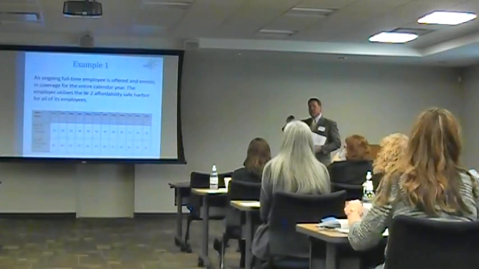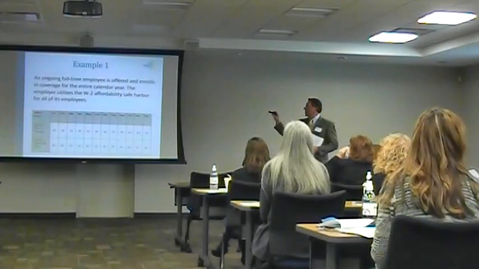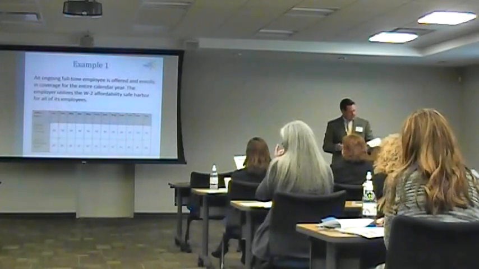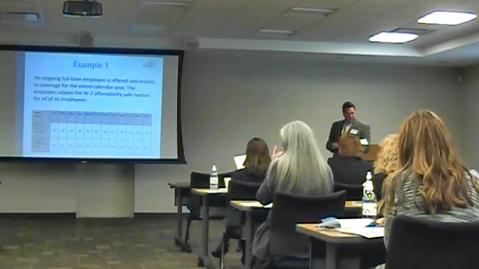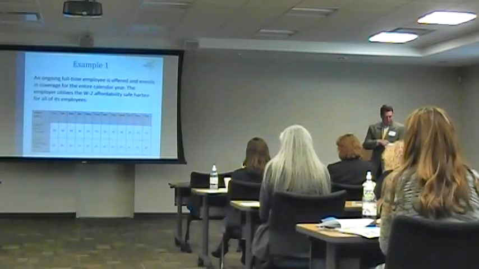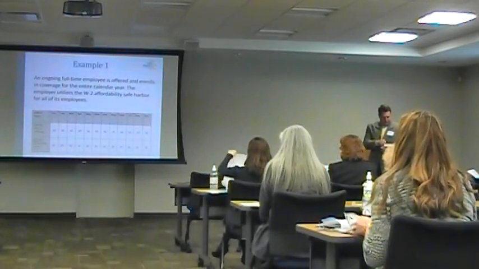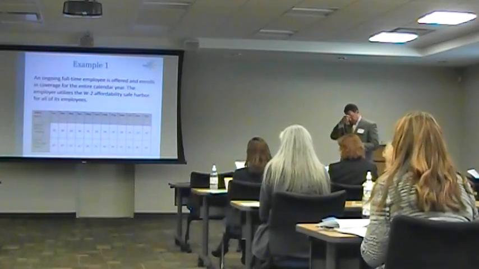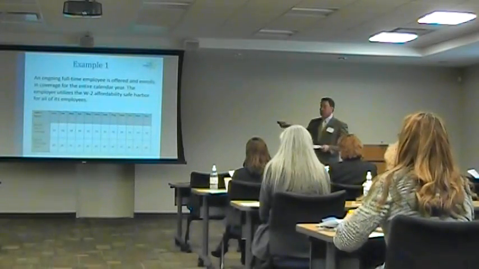So I could, on this one though, I could have used 2G because I used the affordability safe harbor. Oh no, that's not 2G. Which one's affordability? 2H. Sorry. So I could have used 2H.